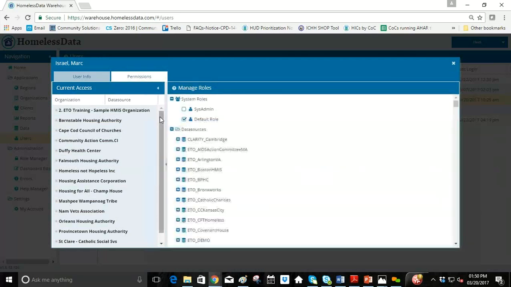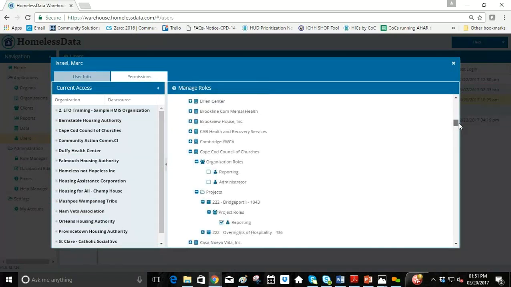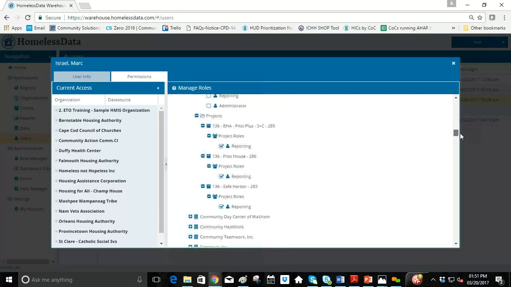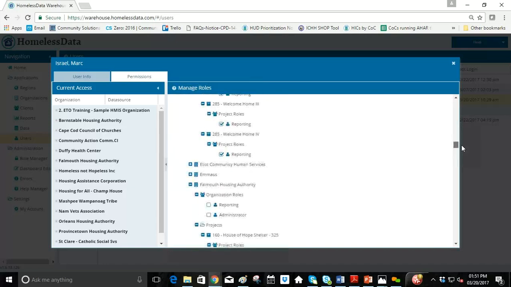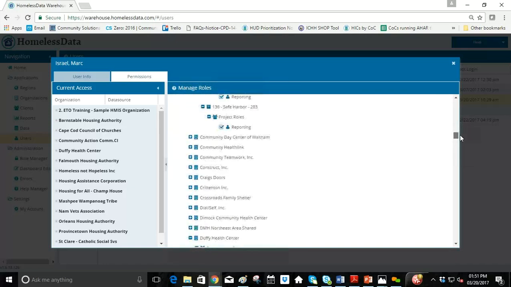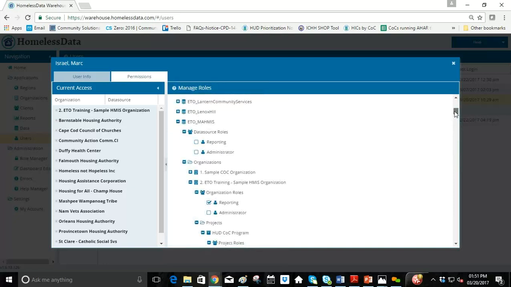And Mark has to do all of his own COC reporting, but all of his projects are piggybacking on the state of Massachusetts' HMIS system. So Mark has access to the projects within the COC that he needs without getting into the rest of the state's data. And Mark can be given this access in one of two ways.